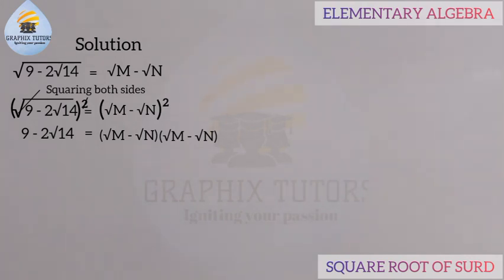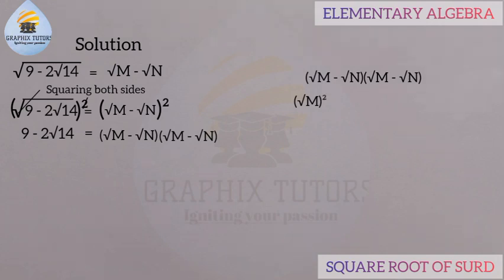Now if I want to expand this, let's do this somewhere: root m minus root n multiplied by root m minus root n. If I take this root m to multiply this root m, I'm having root m square.